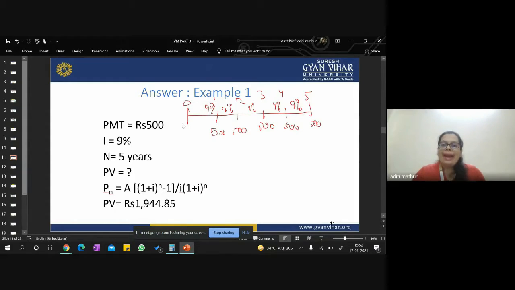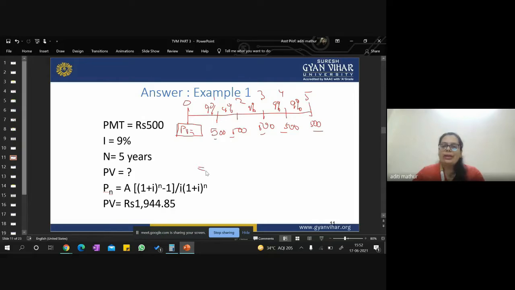So you have to calculate the total present value of all that you are receiving after every year till 5 years. How are you going to write it?